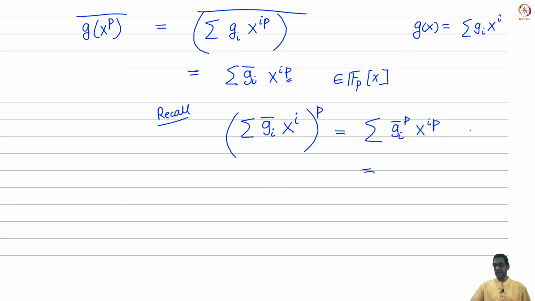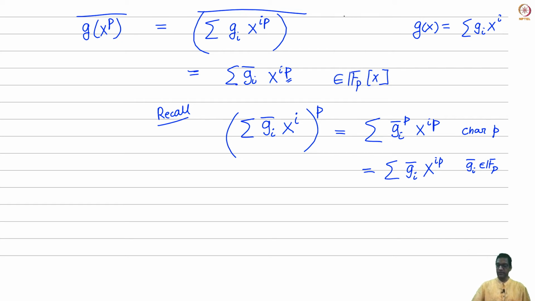This is because the field has characteristic p, but further, the g_i bars come from my finite field F_p. If I raise an element of F_p to the pth power, I just get back itself. Okay, so that's the important observation here.